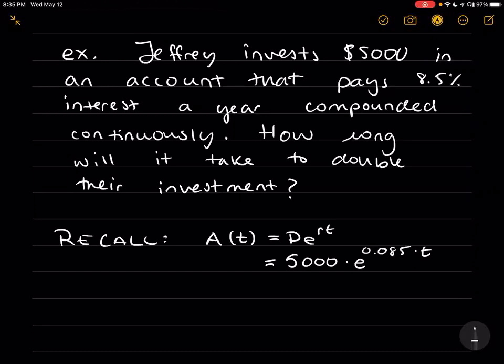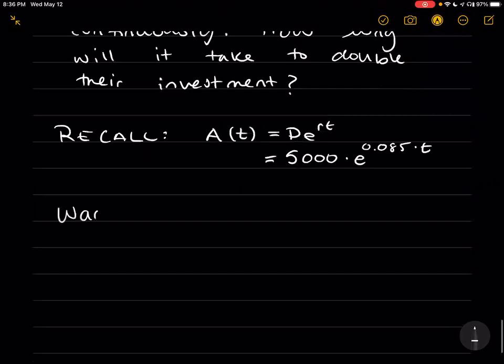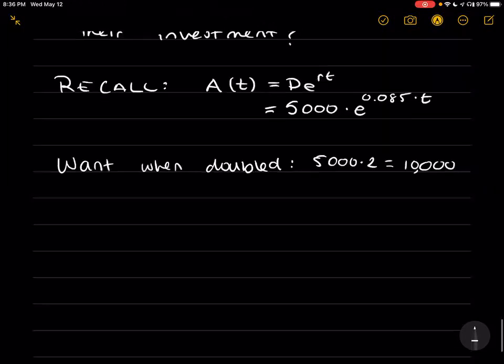Okay, and we want to know when it doubles, which will be 5,000 times 2, which is 10,000. So remember the A of t is how much money you have after t time.